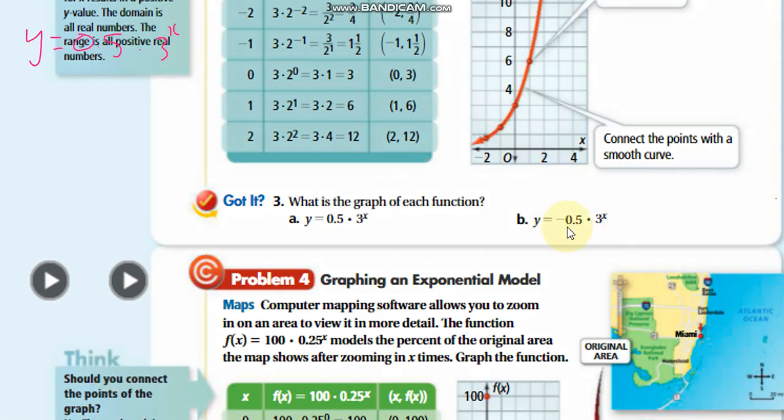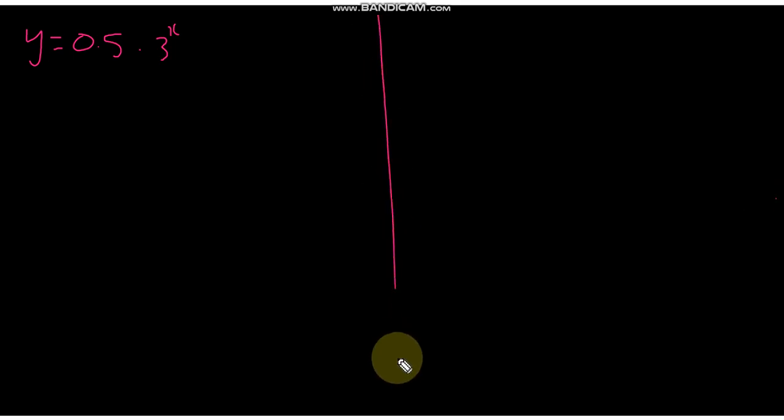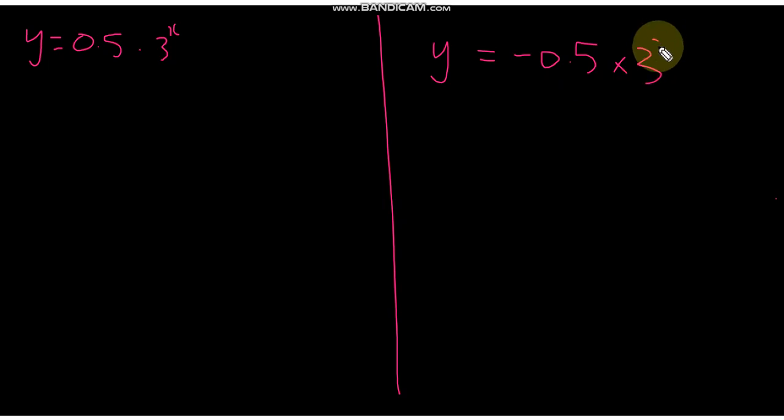Here it is, negative 0.5 times 3 to the power x. So y is equal to negative 0.5 times 3 to the power x. Let's put the times in this way so you don't get confused.